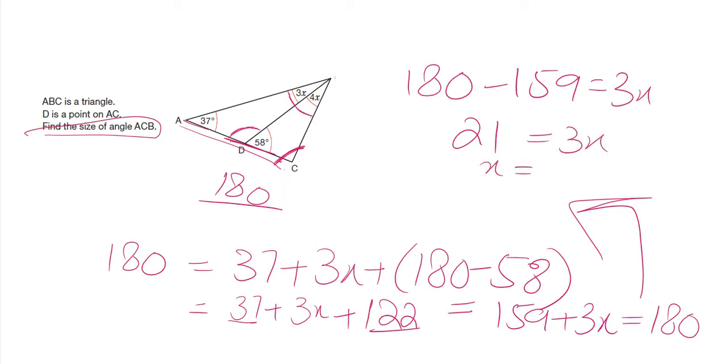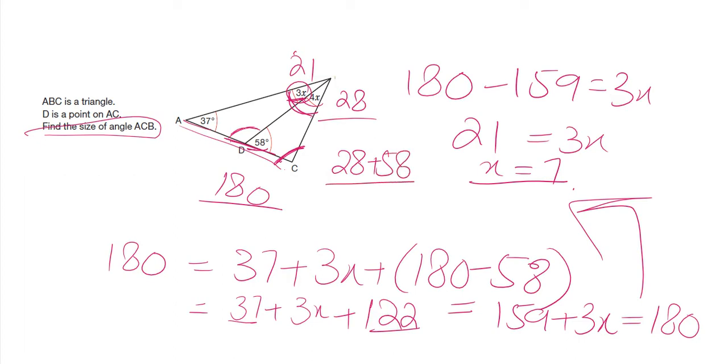So the value of x will be 7. So you can see that over here we get the value of 3x, that would be 21, and 4x, that would be 28. So we got 28, 58. We have to add up 28, 58, and then cancel out with 180. We got the value of angle C.